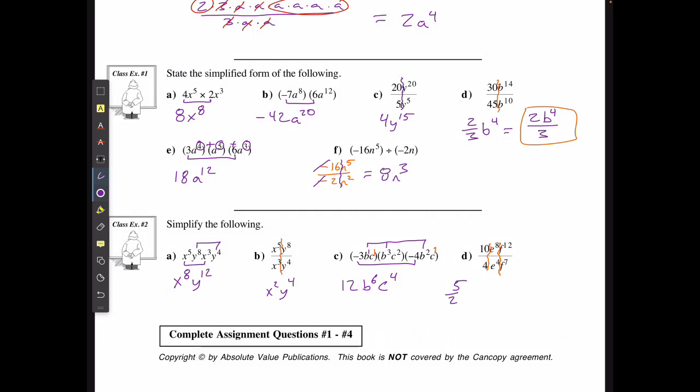I have e to the 8 divided by e to the 4 leaves me with e to the 4. And I have f to the 12 divided by f to the 7, and I have f to the 5. Or I could combine these variables back into the numerator and say that it's going to be 5 e^4 f^5 over 2. Both those would be acceptable.